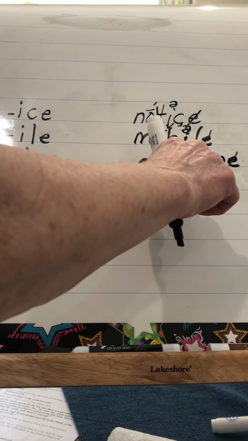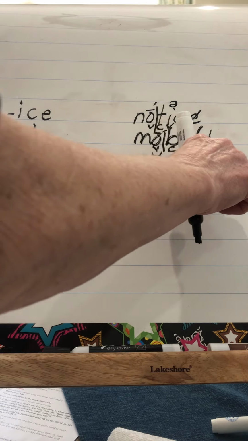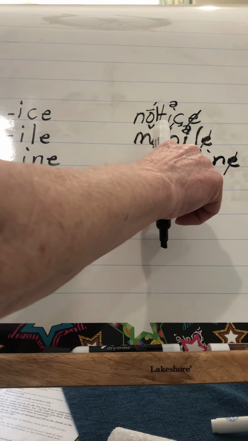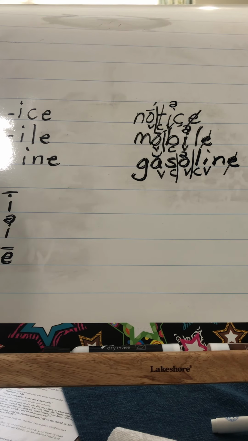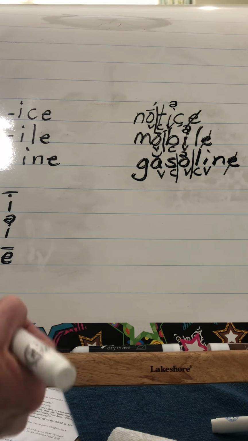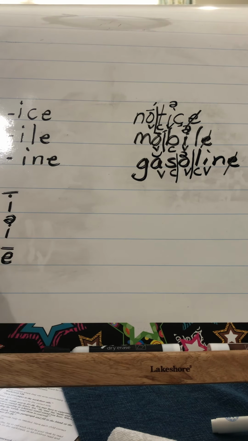And this is gasoline. And you see this I is making the long E sound, so we just leave it. We do not code that I at that time. So when we are looking at these words, we need to always try a long I sound, a schwa sound next, or an E sound to know what this I is going to be doing.